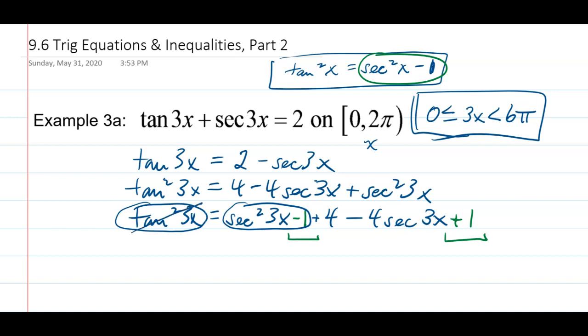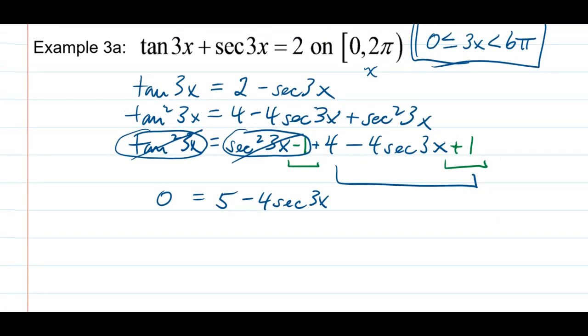And when we do that, these will go away, leaving us with 0 equals, and now 1 plus 4 plus 1 is 5, minus 4 secant of 3x, like that. There's a 3x there. When we rearrange this, we'll get 4 secant of 3x is equal to 5, or secant of 3x is equal to 5/4.